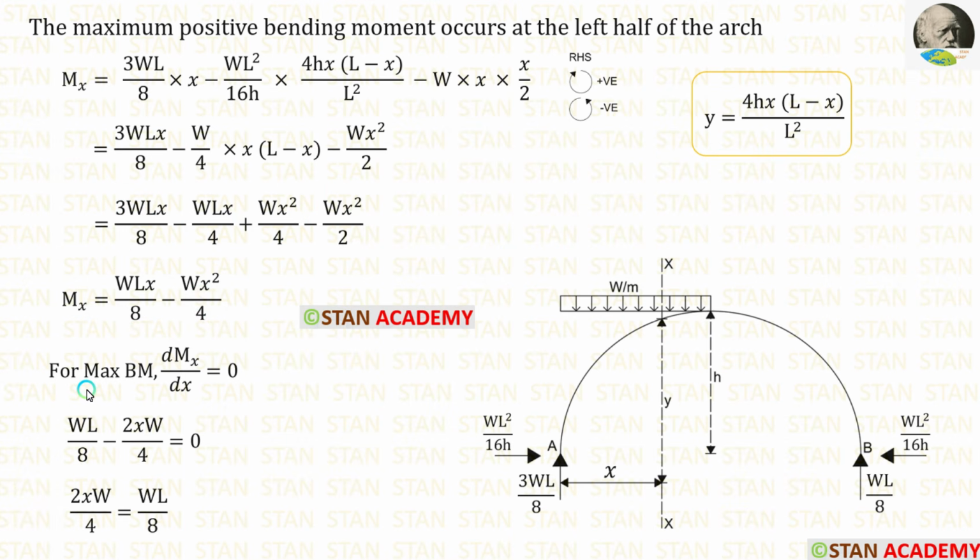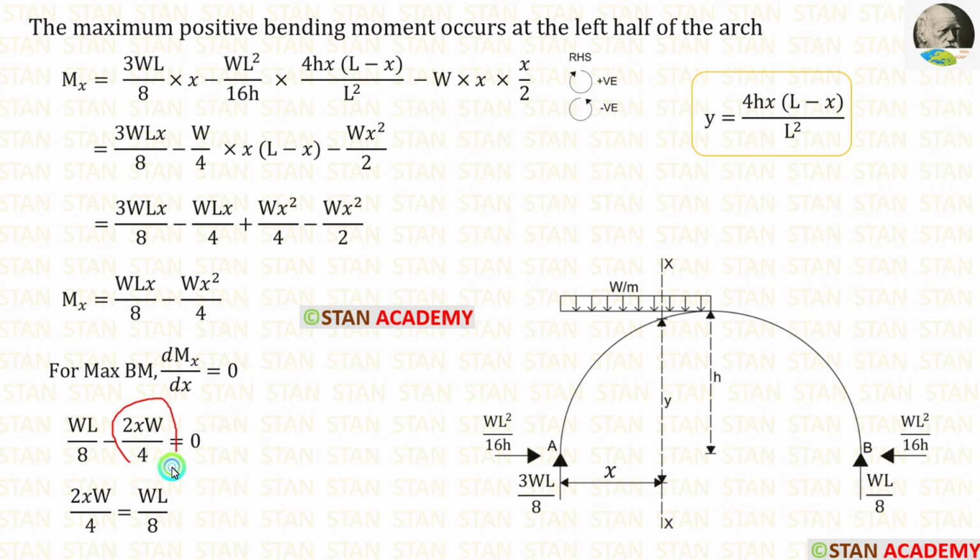For the maximum bending moment, there is one condition. When we differentiate Mx with respect to x, it will be 0. Let us differentiate. When we differentiate x, it will be 1. So we will get WL by 8. When we differentiate x square, it will be 2x. So we are getting 2xw by 4.